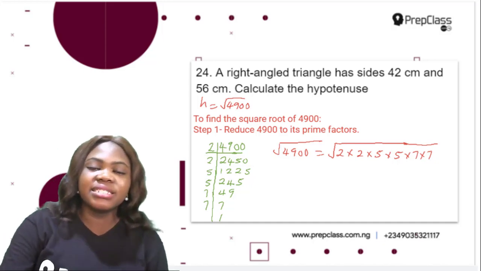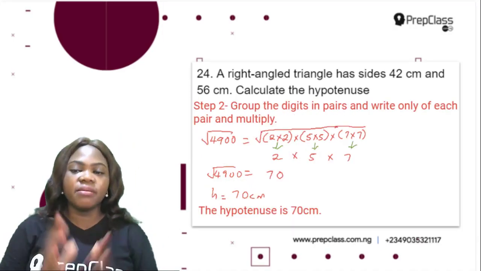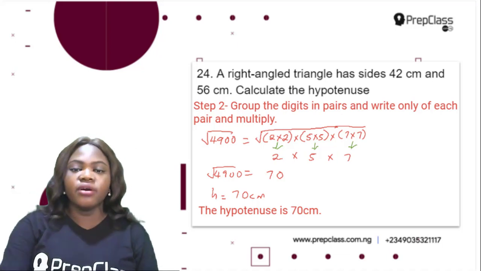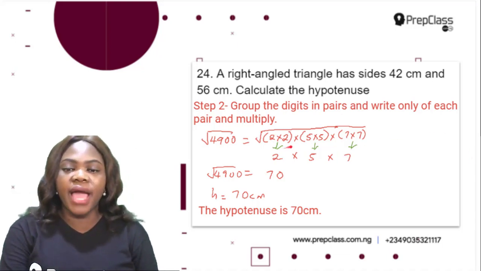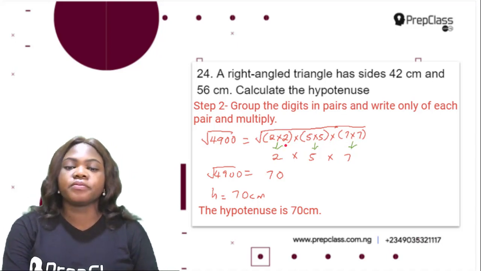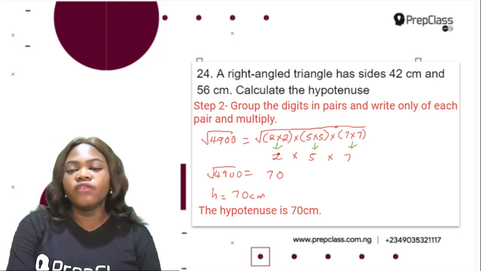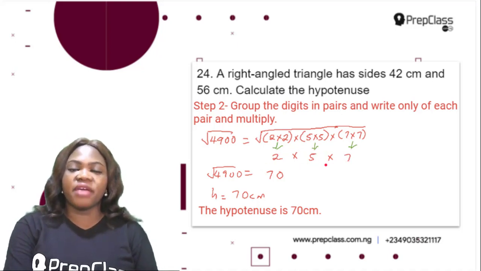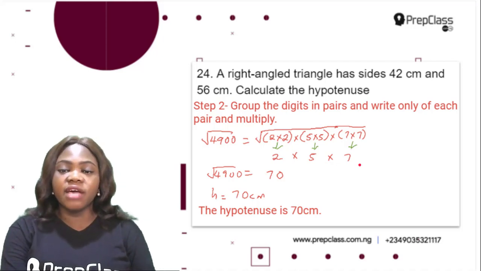Okay, so now the second step is to group the digits in pairs and write only one of each pair and multiply. So 2 times 2 is in a pair, 5 times 5 is in another pair, then 7 times 7 is in a pair. Okay, so let's drop down one of them: 2, 5, 7. So 2 multiplied by 5 is 10. 10 multiplied by 7 is 70.